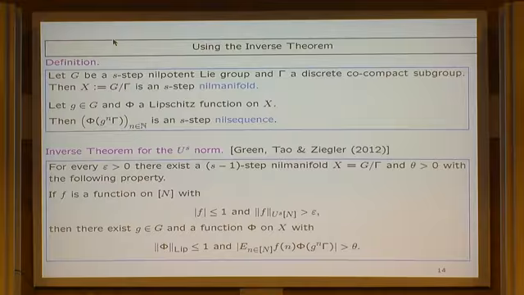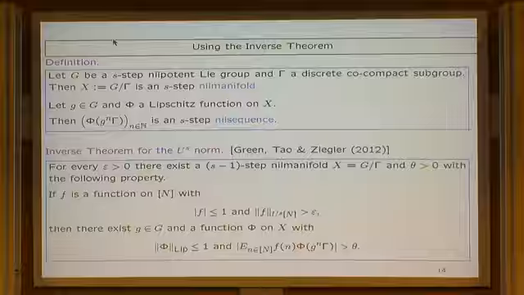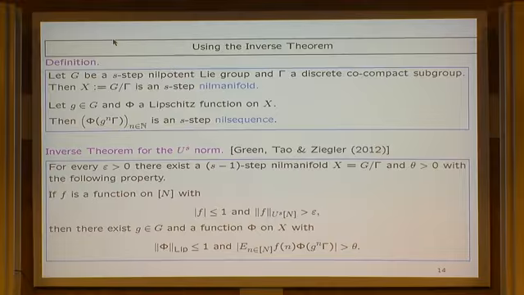It's a bit too fast for people who are completely outside the subject, and a bit too long for people inside the subject. It's difficult to find a way. So if G is an S-step, so for S equal 2, for example, two-step nilpotent Lie group, and gamma a discrete cocompact subgroup. For example, G is the group of upper triangular 3x3 matrices with ones on the diagonal. It's called the Heisenberg group.